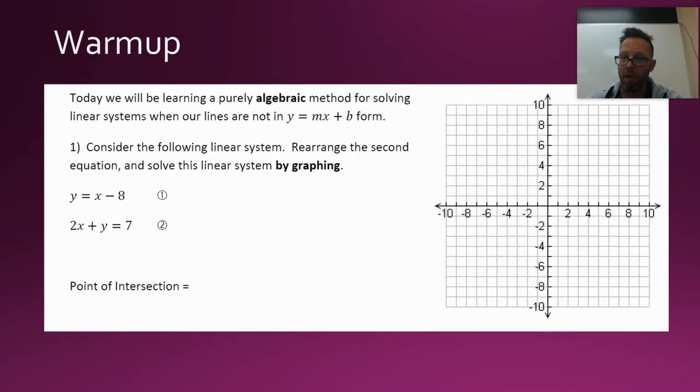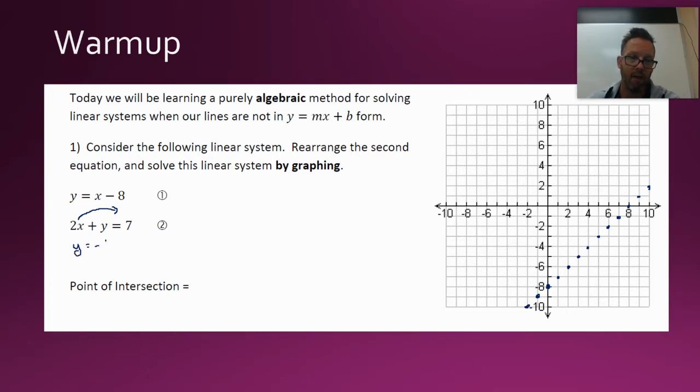So for our first line, the y-intercept is at -8, and the slope is 1. I'm drawing that line and showing all my points. For the second, I could simply move the 2x term to the right, subtracting 2x from both sides.